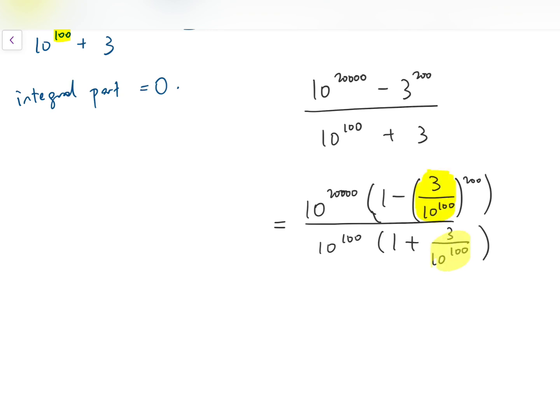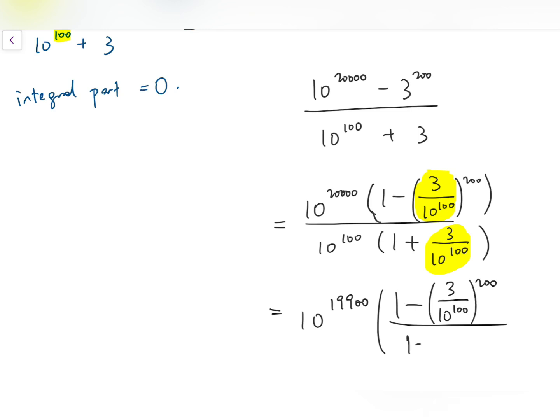I do this because I want both the top and the bottom to be in similar terms. And the powers of 10 that I've taken out from both can be simplified, which gives 10 to the power 19,900 times a fraction in terms of 3 over 10 to the power 100.